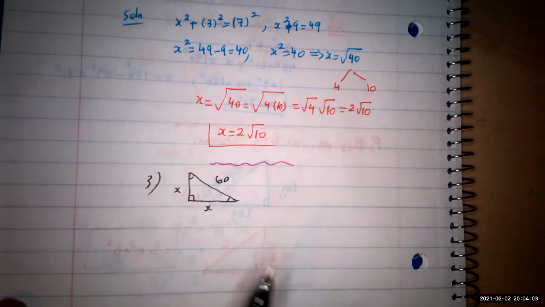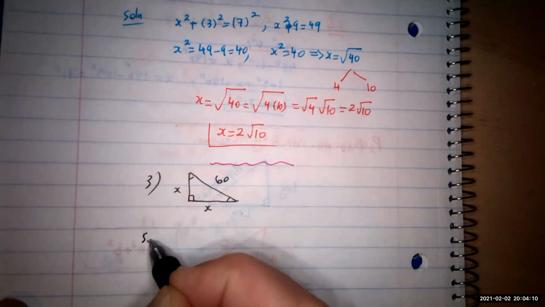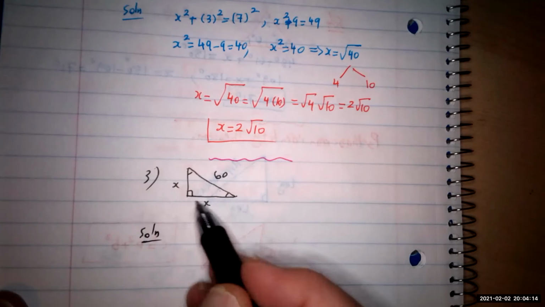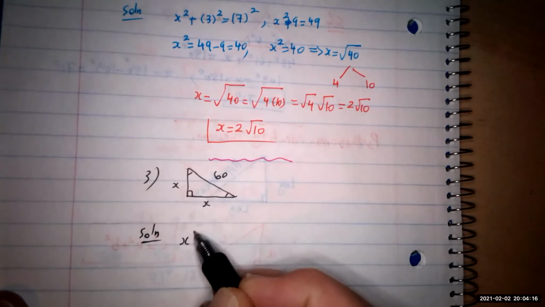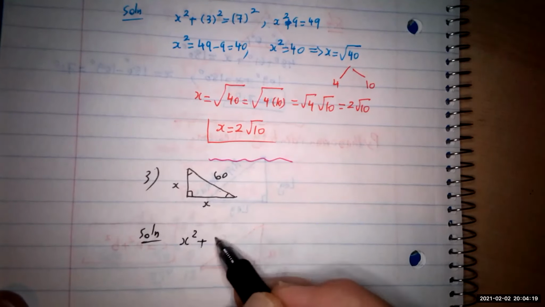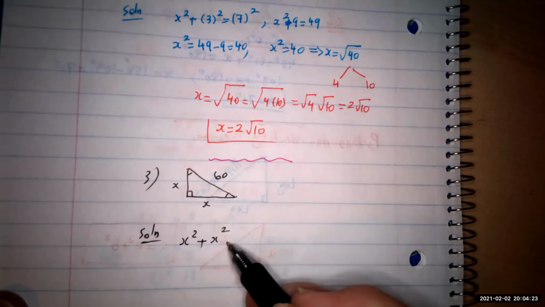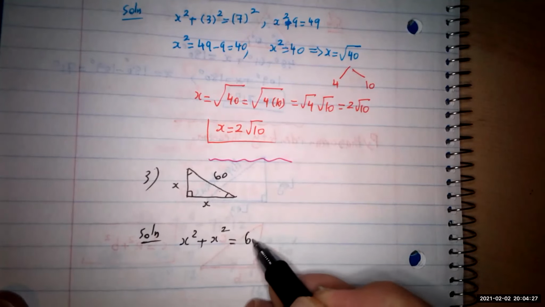So in this case, you just write your theorem. The solution is going to be, your theorem is the sum of the squares of the legs, so it's going to be x squared, and this one is also x squared. So x squared and x squared is equal to 60 squared.